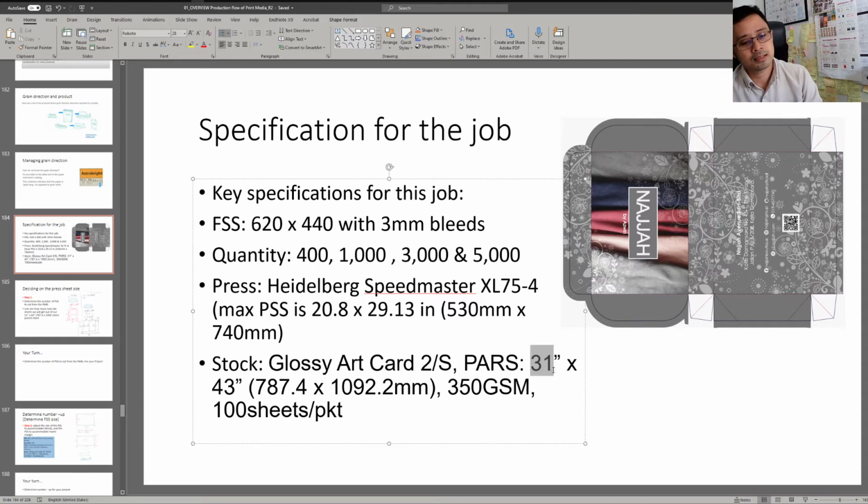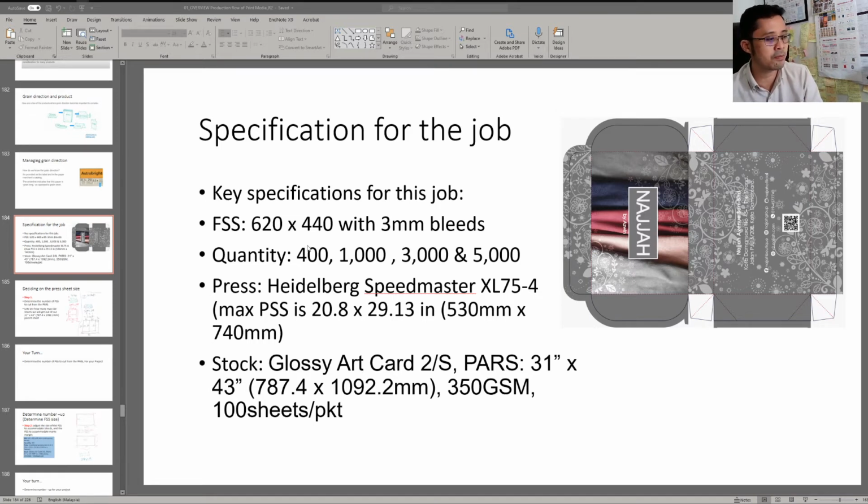Okay, parent size is 31 by 43 inches, equal to, bersamaan dengan 787.4 kali 1092.2 mm. 350 GSM. Okay, so this is our spec for our job. Now remember this spec. For our project, you can study your spec in the main spec sheet. Ini dah pun anda masukkan dalam Google Classroom yang seperti mana yang kita buat.